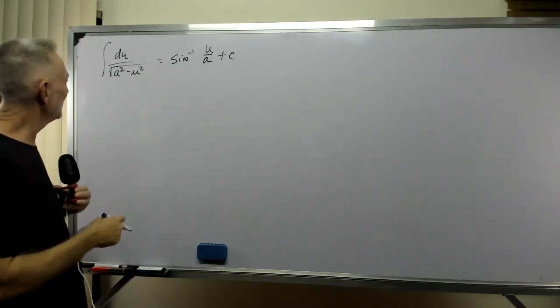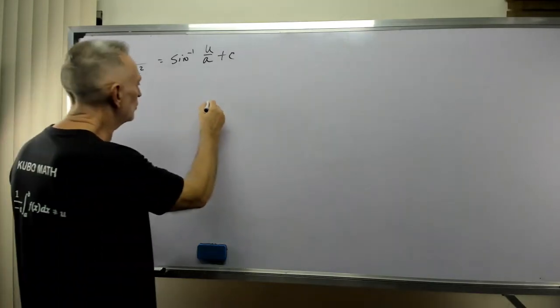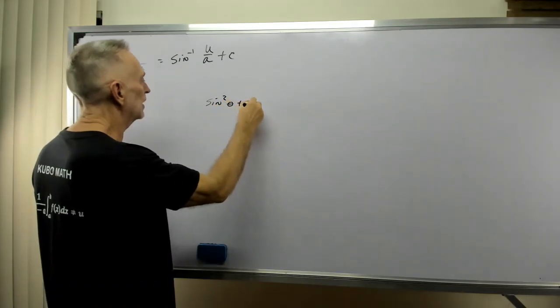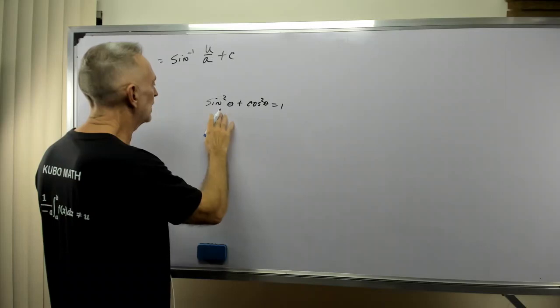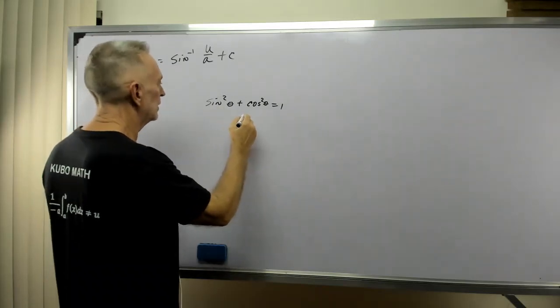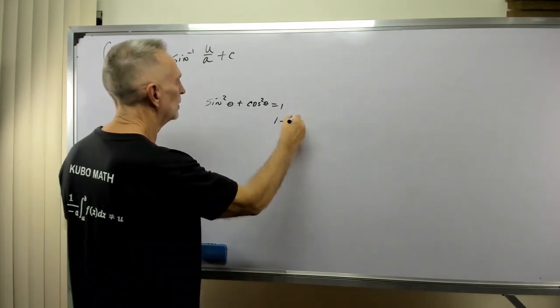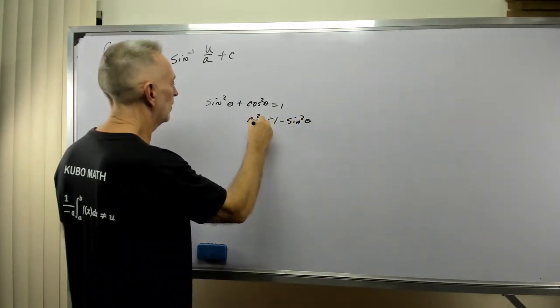When you see a form like this, you know sine squared theta plus cosine squared theta equals 1. So we could say 1 minus sine squared theta equals cosine squared theta.